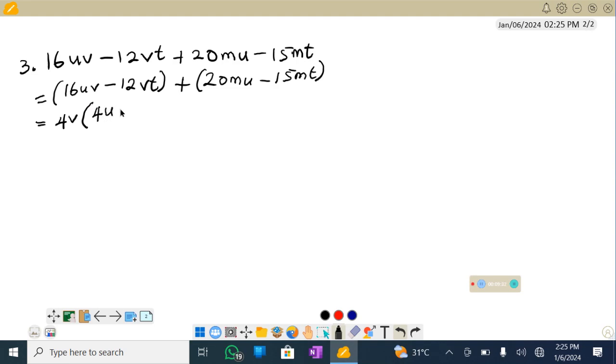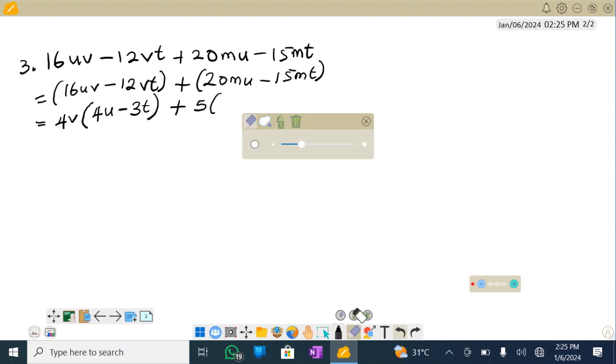So we have 4U minus, do the same thing here. 12 by 4 gives us 3. Then V will cancel V, then I have T remaining. Plus, do the same thing here. 5 can go in 20 and 15, so you have 5 outside. Oh, it's not just 5 that is common, so I need to clean that.